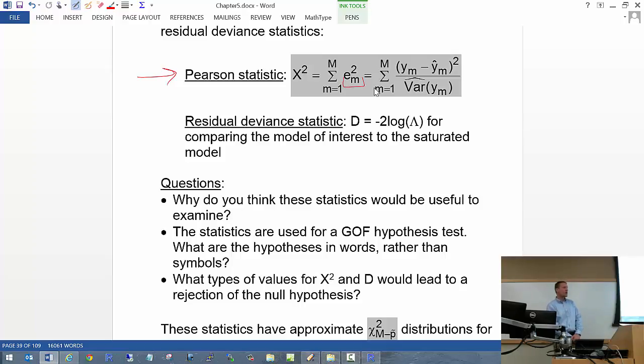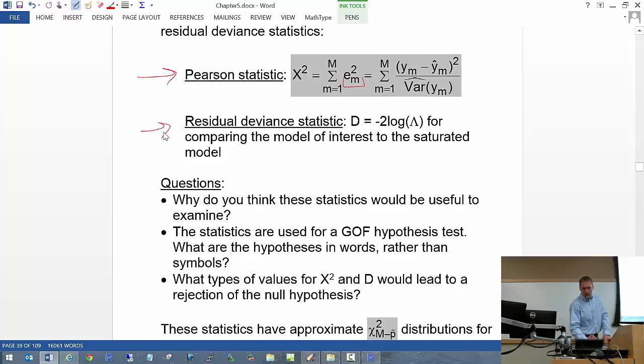What kinds of values of x squared would you expect to be of concern? Large, yeah. Because I have my residuals there. They are squared. So a squared residual indicates a problem with a particular observation. If I have a lot of those, that means my x squared is going to be large, and thus it makes sense that I have a problem with my overall model.